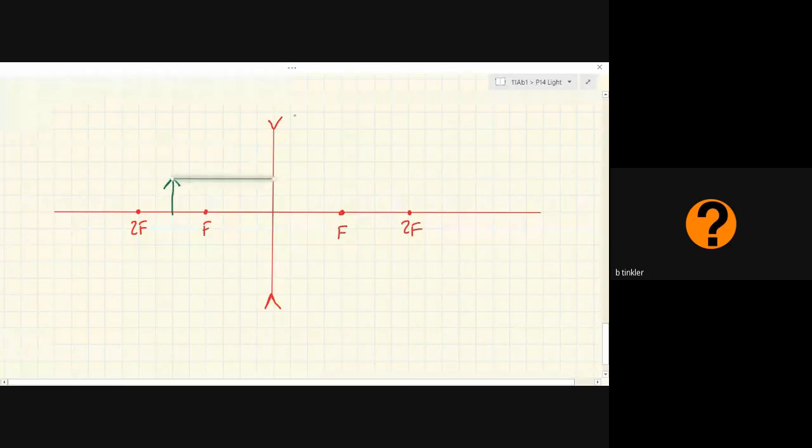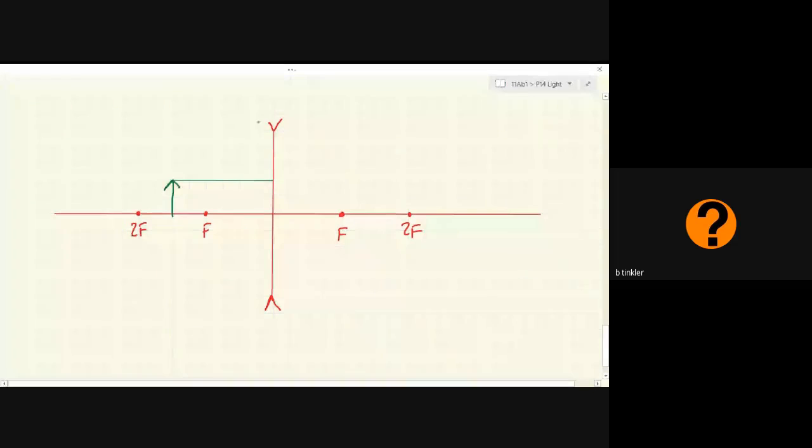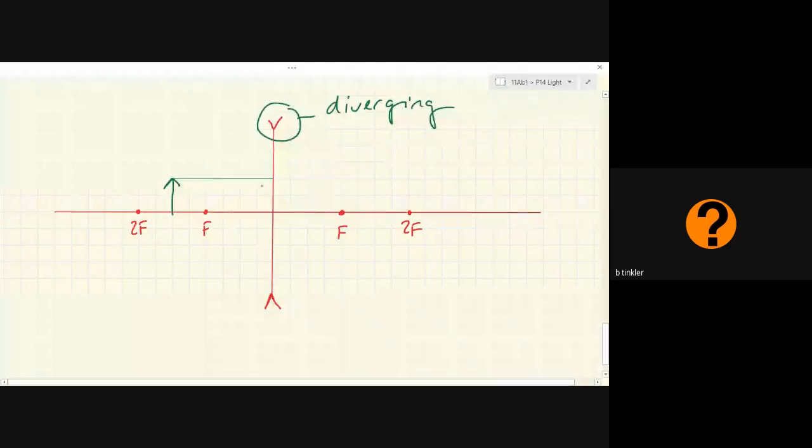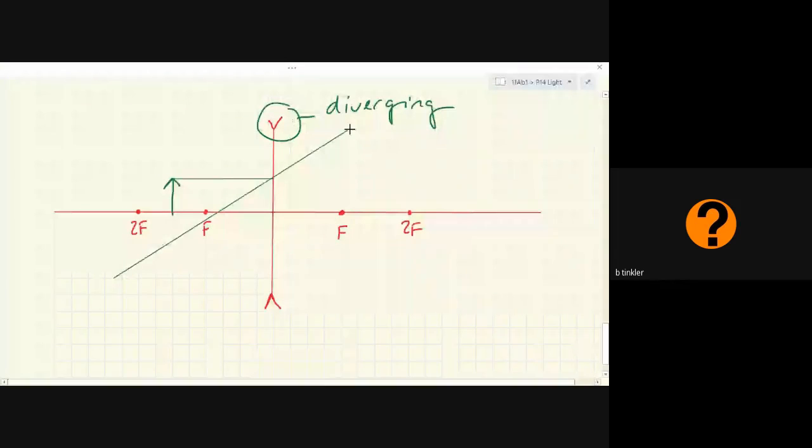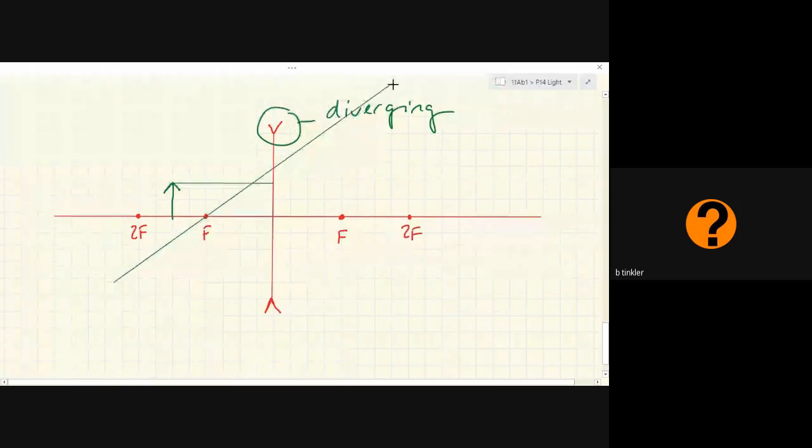But we also know that this lens is diverging. So we're not going to draw a line down here because this is a diverging lens. We're going to draw the line spreading out, and we know where it spreads out because of this position here. I'm just going to draw the line and move it if I can.